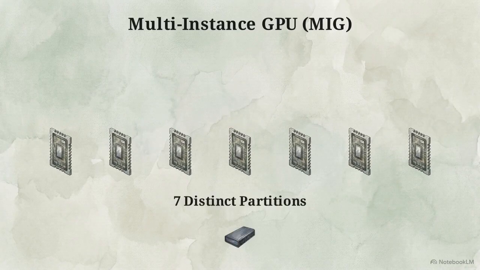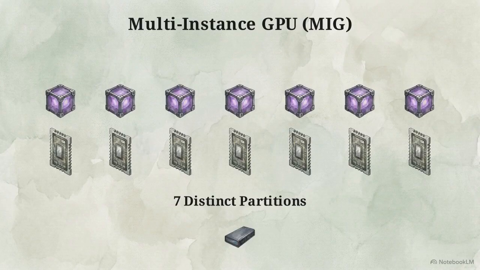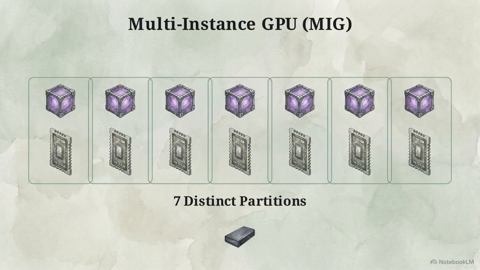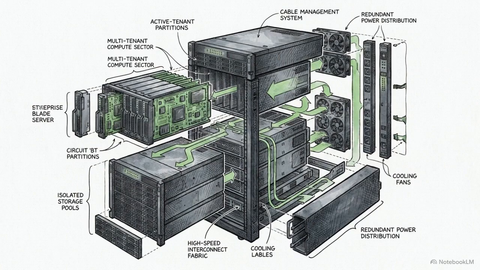MIG physically slices the GPU into up to 7 distinct partitions. This allows multiple models to run concurrently with strict hardware isolation, preventing memory or compute interference between them. Telemetry monitoring and MIG partitioning convert a monolithic, single-use piece of hardware into a highly optimized, multi-tenant enterprise resource.